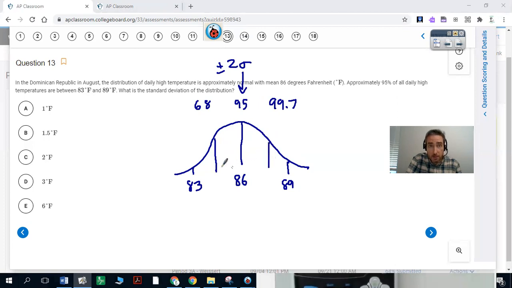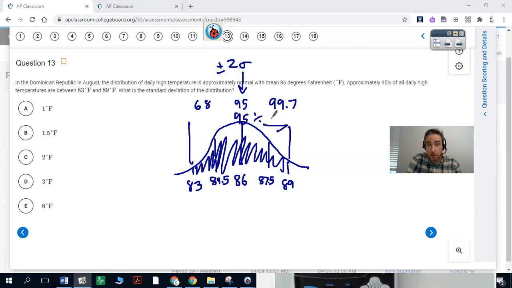So there's going to be a middle number here, right? What's halfway between 83 and 86 is going to be 84.5, and 87.5 will be halfway between 86 and 89. So this is within 2 standard deviations. That's 95% according to the empirical rule. And so that means your standard deviation is 1.5.